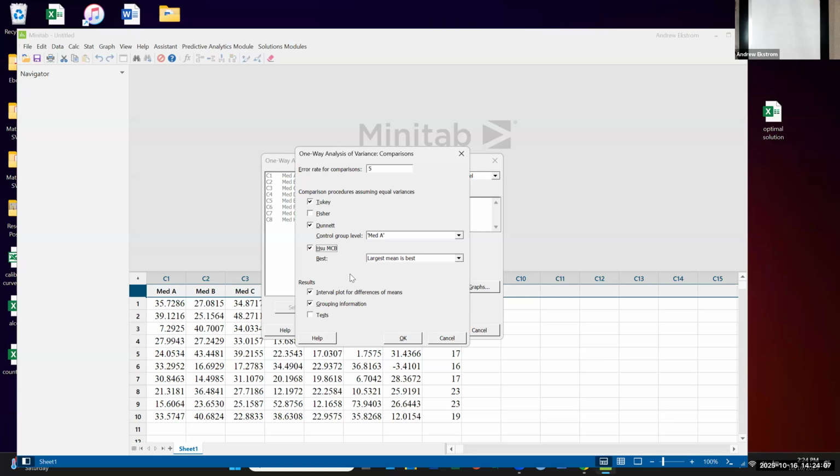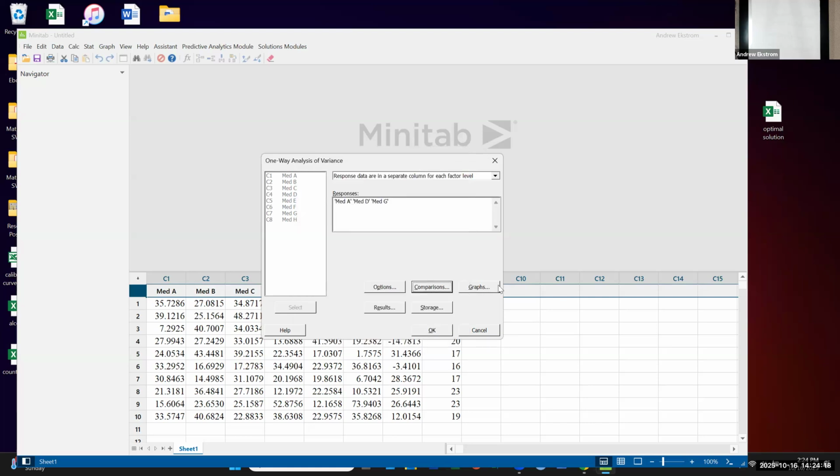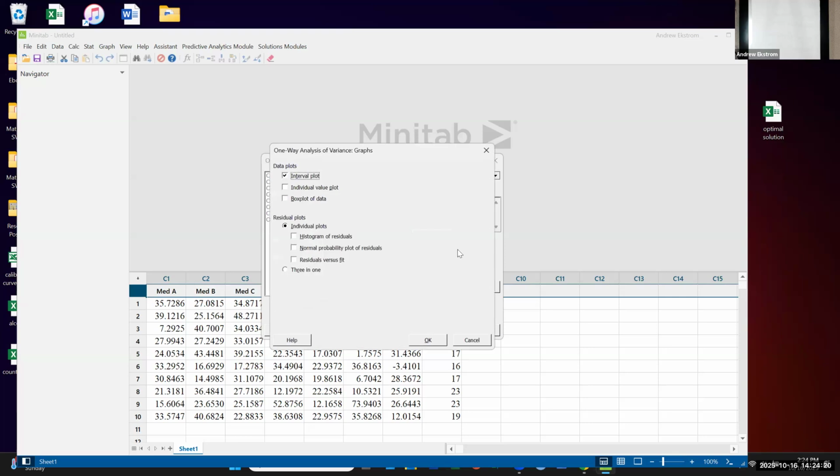Everything's going to pop up here. It's going to be broken down into different groups. There's going to be a lot that pops up on here as well. So I can come over here and just click on OK. For graphs, individual plot, individual value plot, box plot. Box plots are generally good.